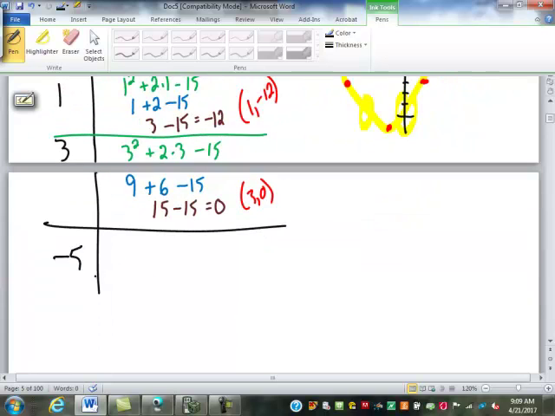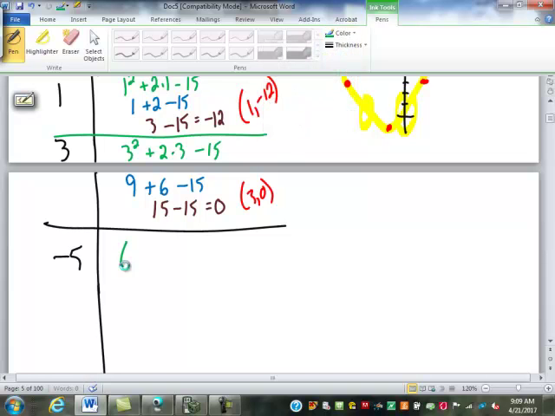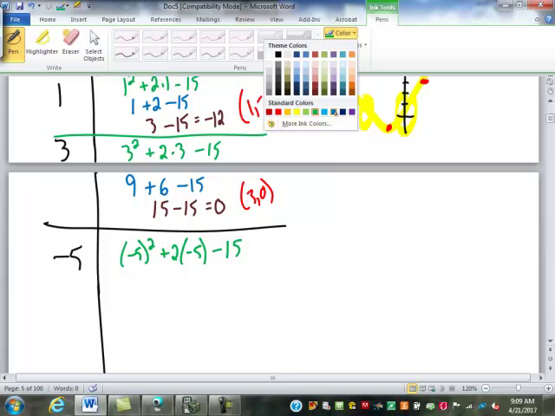So if x is negative 5, y is going to be negative 5 squared plus 2 times negative 5 minus 15.